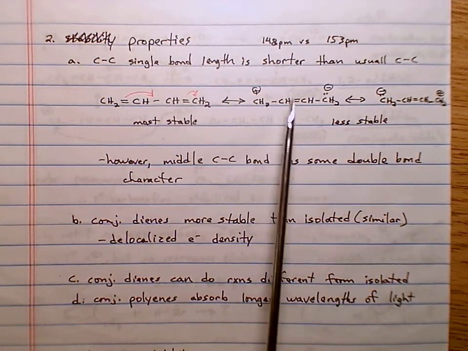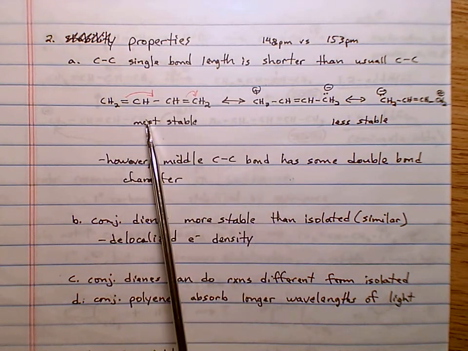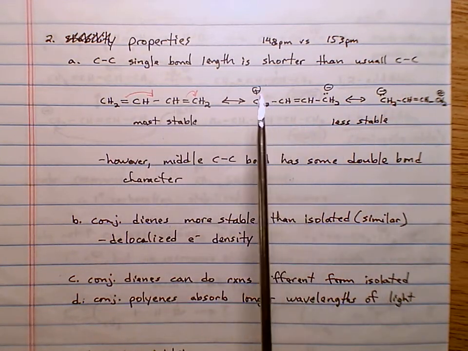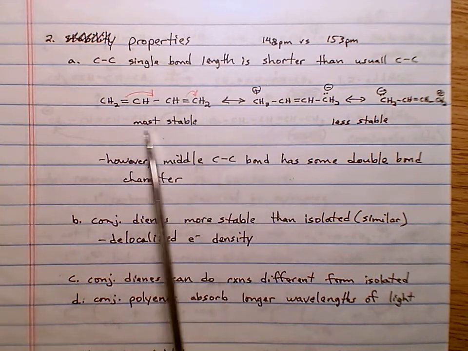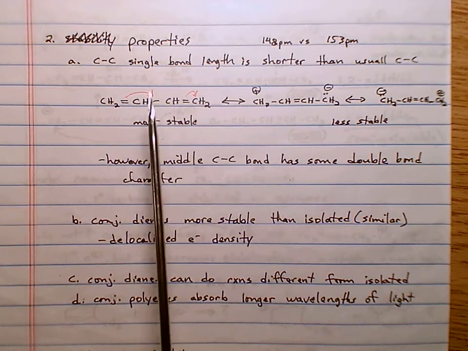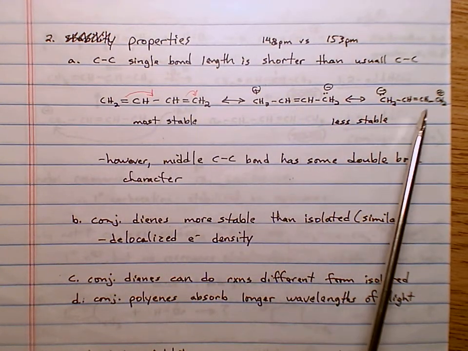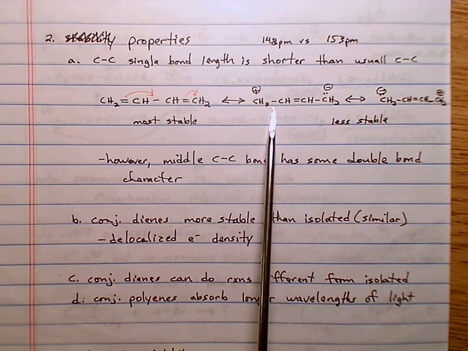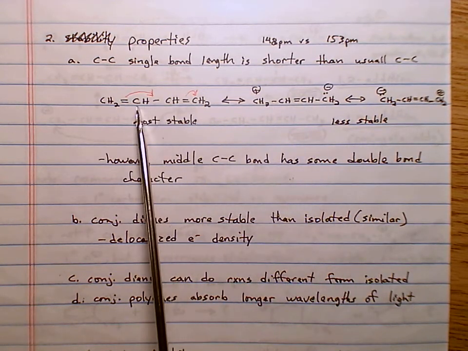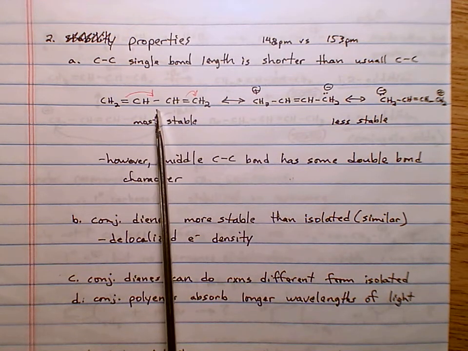They are less stable, but the whole molecule, the resonance hybrid, is a combination of these three resonance forms, but since this is most stable, the resonance hybrid looks mainly like this. The two less stable resonance forms have double bonds in between the two middle carbons, which means this carbon-carbon single bond is a little shorter than it should be.